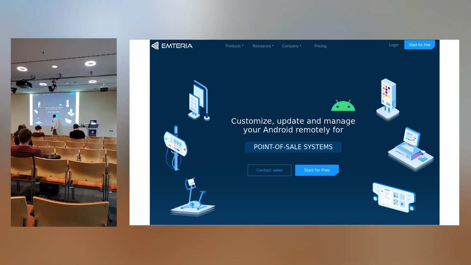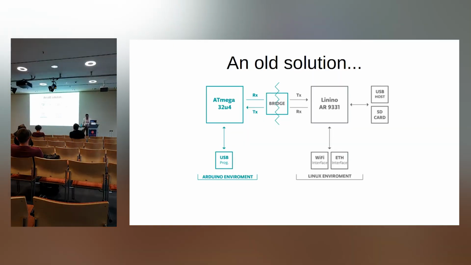The solution that we see today is that Android usually gets used as a smart display or something like that, but it doesn't really get used in the very low control area. And the solution for this is a very old solution. Who of you recognizes this diagram?